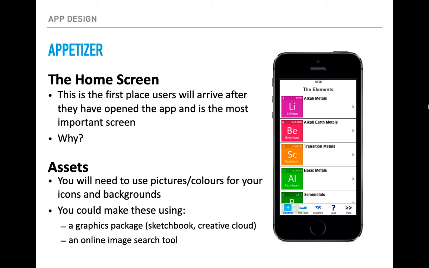The first thing you need to do is create an assets folder, and then start creating the essential assets that will make up your app. For example, pictures and colors in your backgrounds. You can use various packages such as Sketchbook, Creative Cloud, also Procreate, whatever you feel comfortable with using.